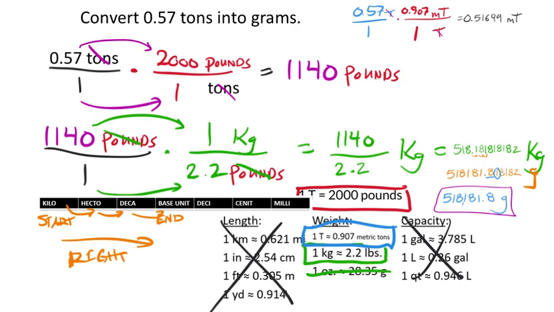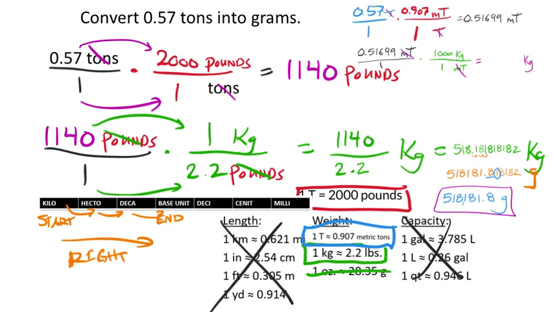So a metric ton is 1,000 kilograms. So we would take this value and make it over 1 and multiply it. Right? We want to get rid of the metric tons and change this into kilograms. So it's 1,000 kilograms for 1 metric ton. The metric tons are going to cancel. We're going to end up with kilograms.